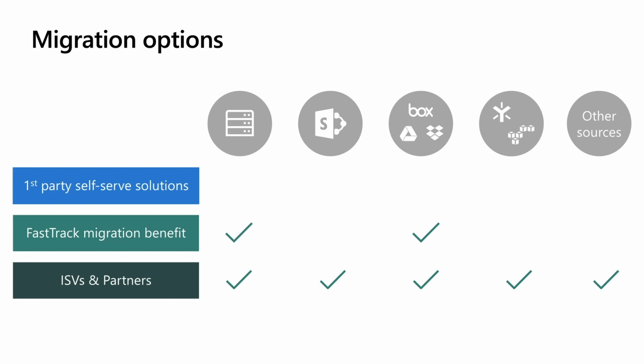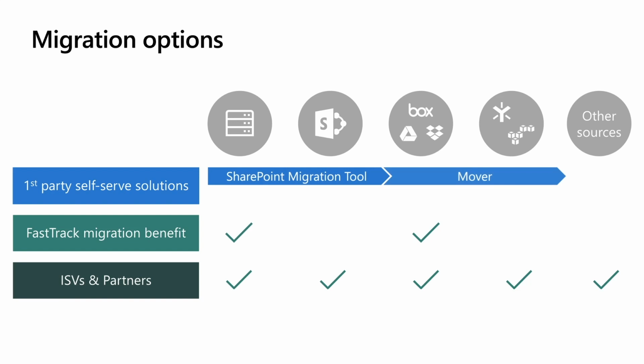To recap, you have a comprehensive set of first-party and third-party tools to move your content to Microsoft 365. Today, for moving from on-prem server, you can use the SharePoint Migration Tool. For cloud scenarios, you can use Mover, which is now part of Microsoft and available free to all our customers.